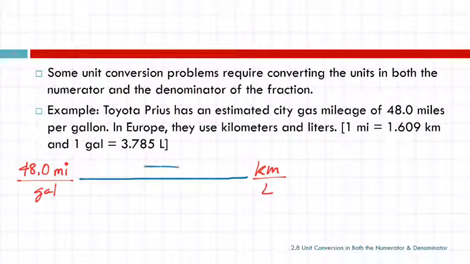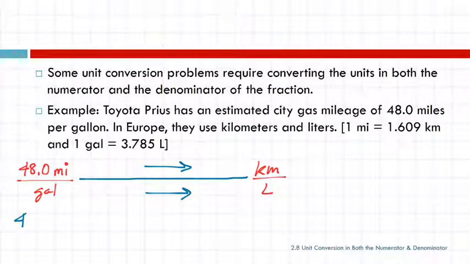Nice. In the denominator, I'm going from gallons to liters. Cool, they gave me that one too. Gallons is this many liters, so I can do that in one step. Here we have two arrows, but one's in the numerator and one's in the denominator. So we just need to be a little bit careful.